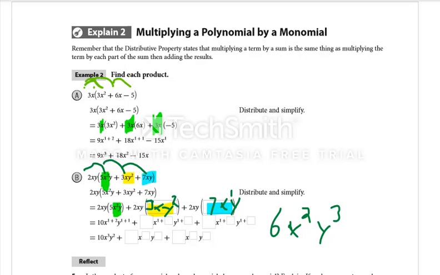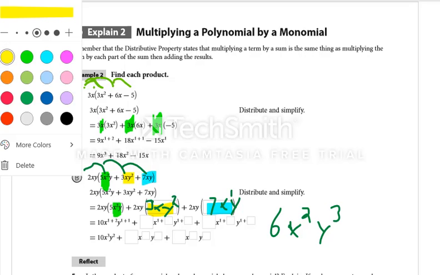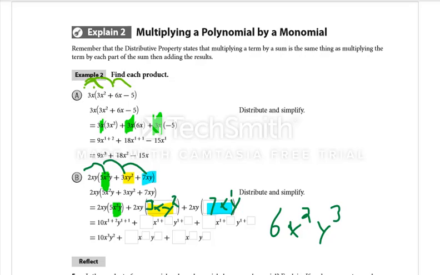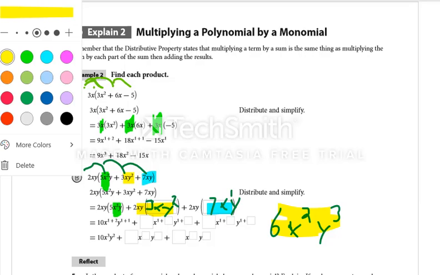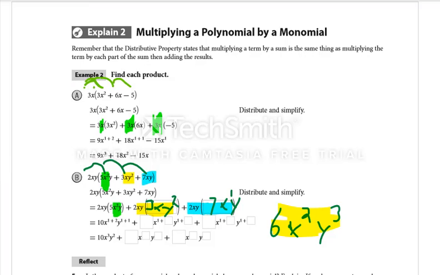All right, so this whole chunk right here ends up being that piece. All right, we're also going to take this last chunk, multiply those things together. 2 times 7 is 14. x times x, 2 x's, x squared.